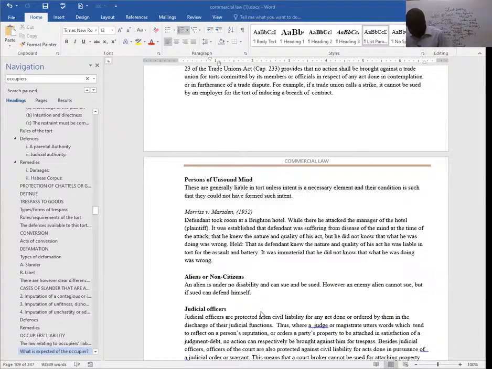So if Kenya is at war with the Democratic Republic of Congo, all those citizens from the DRC who are in Kenya will be known as enemy aliens. They are foreigners in a country from an enemy country. The DRC becomes an enemy country because we are fighting with the DRC.